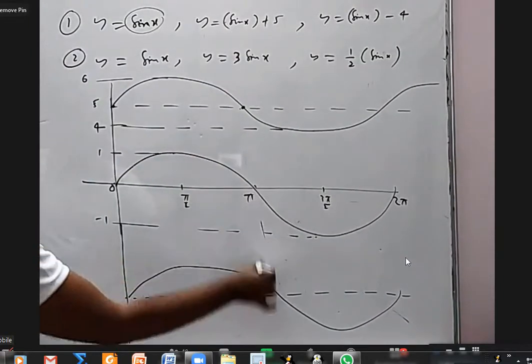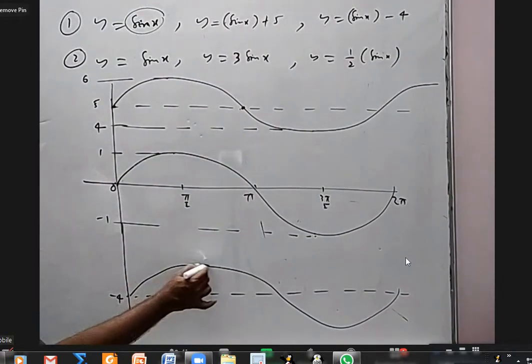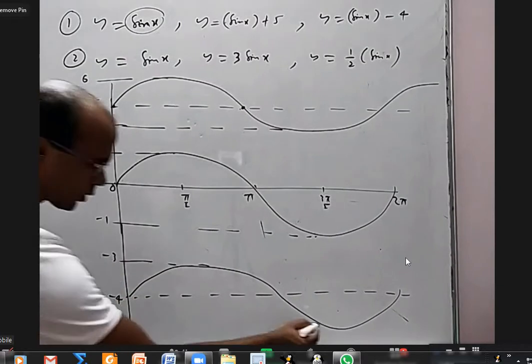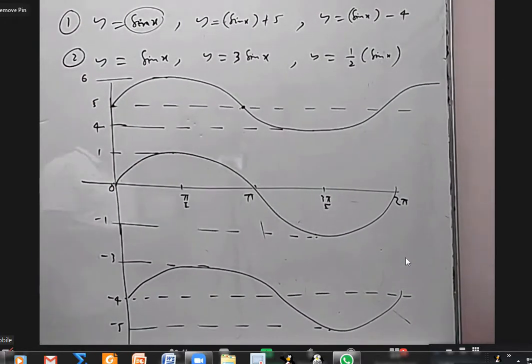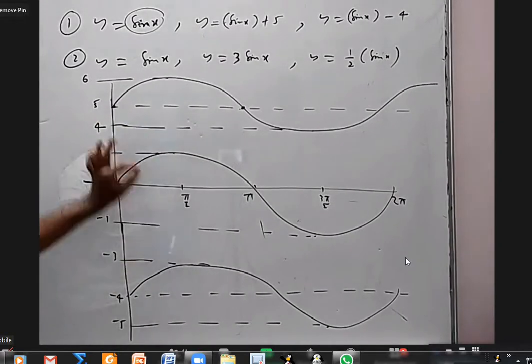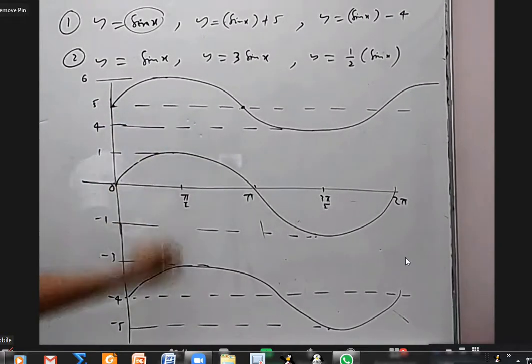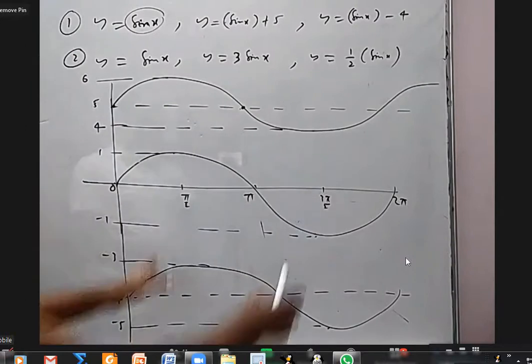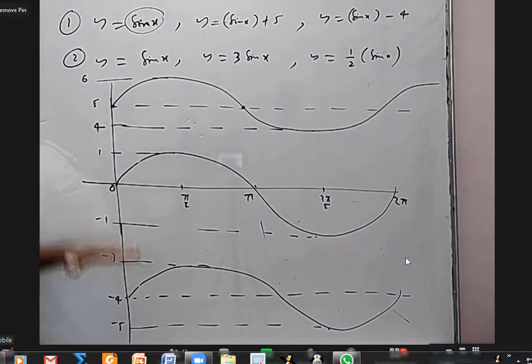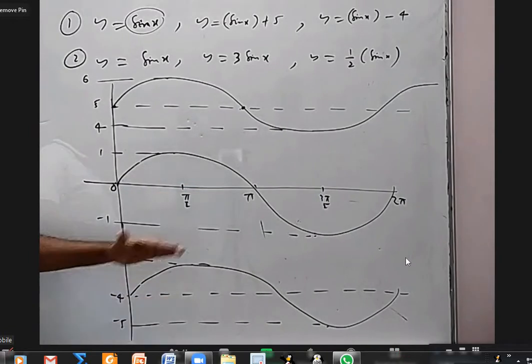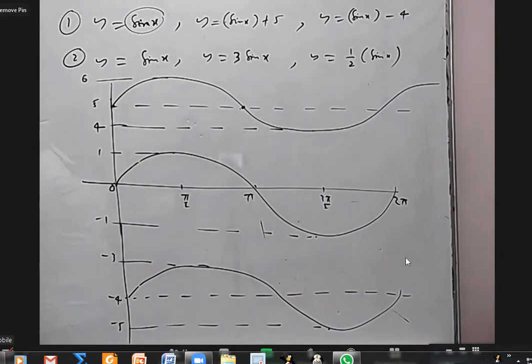This is -4, this is 1 unit up -3, this 1 unit down -5. Whatever value you take, subtracting 4 means decrease 4 units down. The whole graph will come 4 units down. Earlier whenever it was 0, now it is -4, one time 1 extra, one time 1 less.